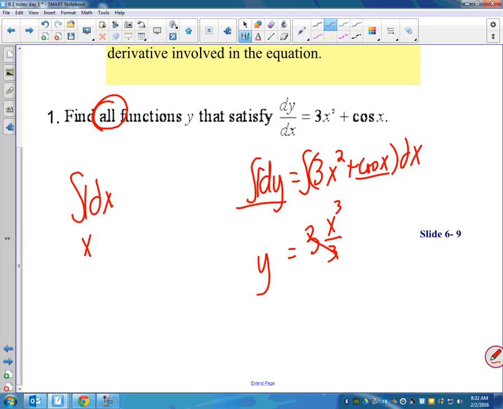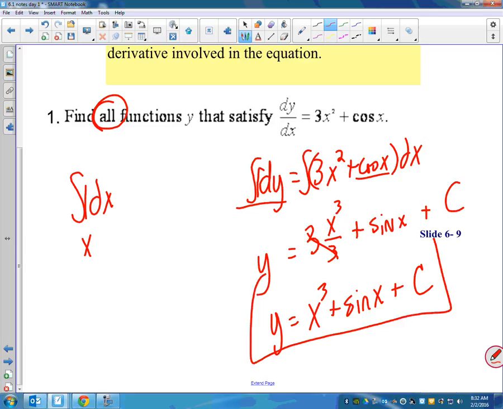The integral of sine is negative cosine. So it's just plus sine of x plus c. And that is what we call the general solution, saying that we found all functions that satisfy this differential equation.